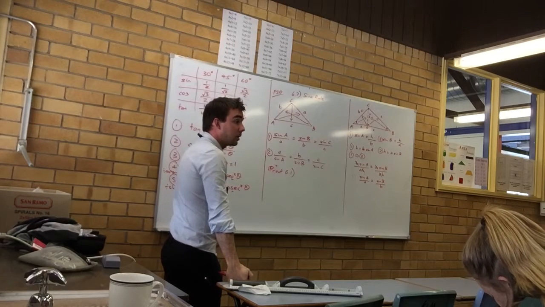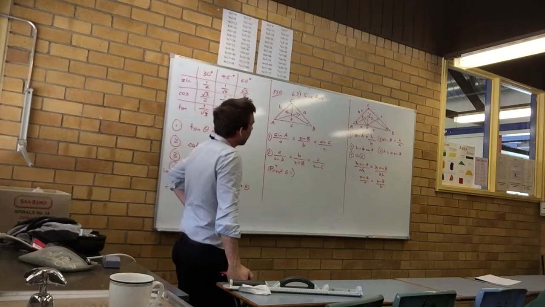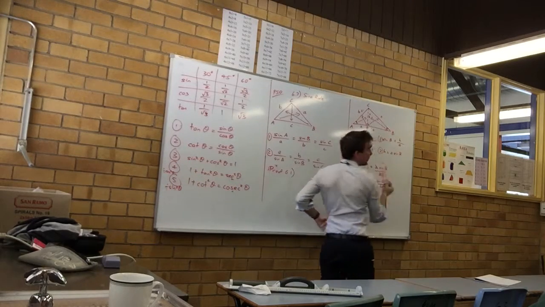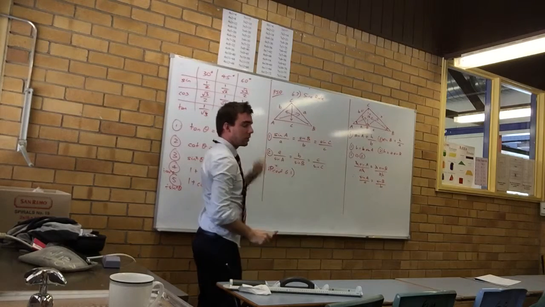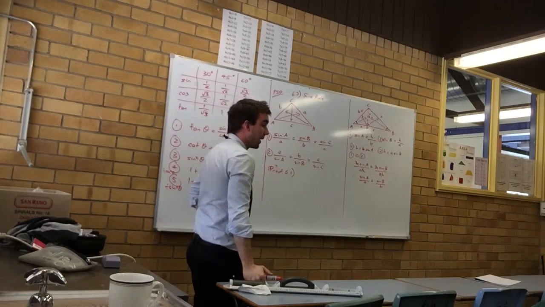And similarly, if I were to do sine of the angle at C, well, I can't really do that. I'll have to make one of these the apex and do the perpendicular and a similar setup. But hopefully everyone sees.